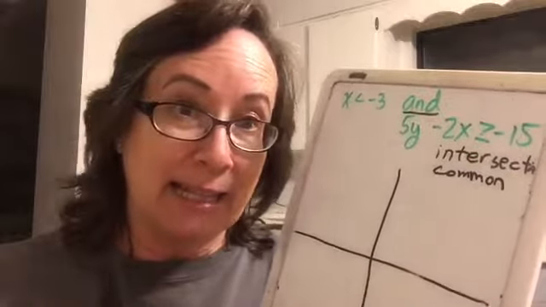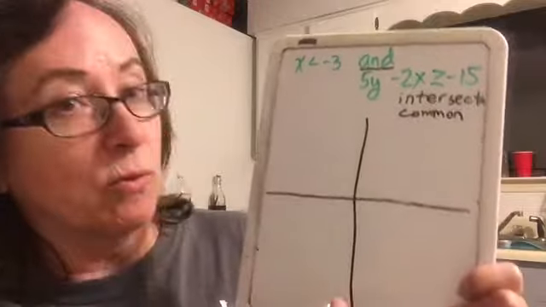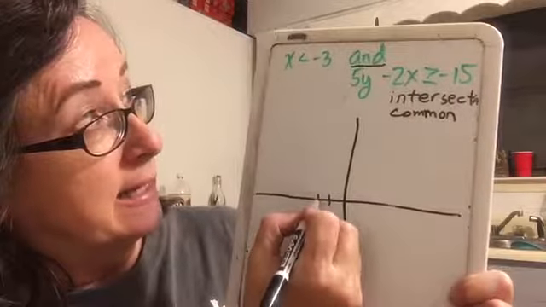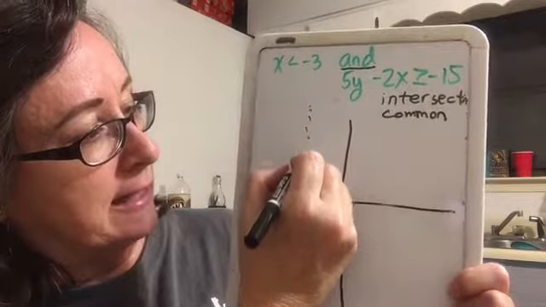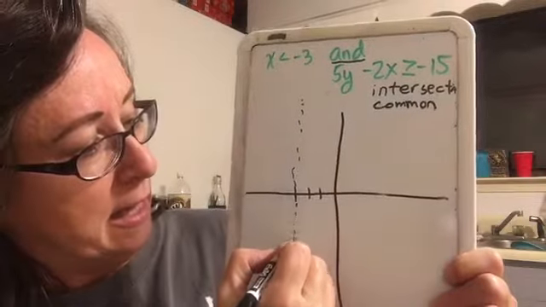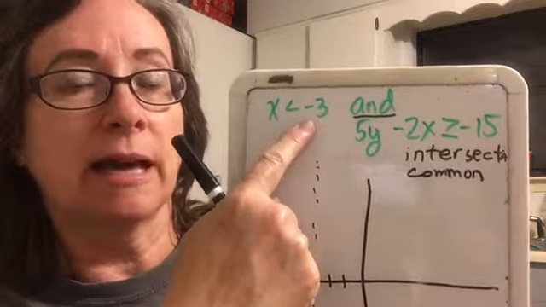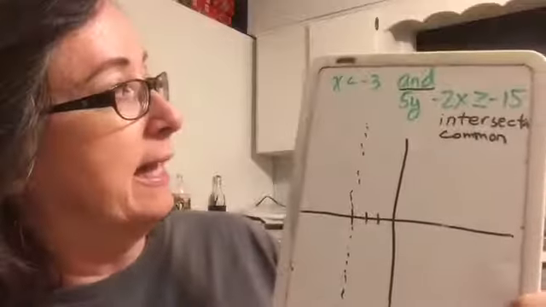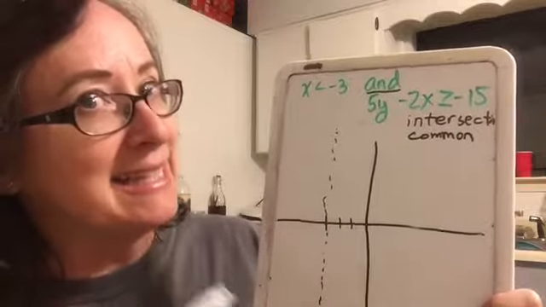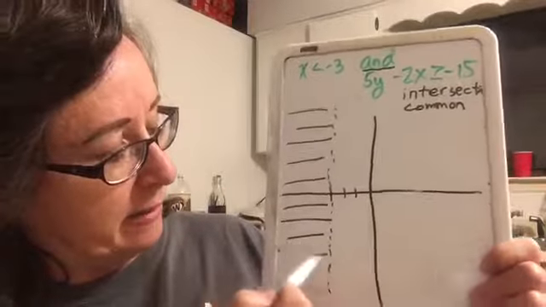Remember, x cuts the x-axis, so I'm going to cut the x-axis with a line at -3. So this is the line x equals -3. But because it's an inequality without an equal sign, I'm going to make it a dashed line. And then x is less than means all these points over here.